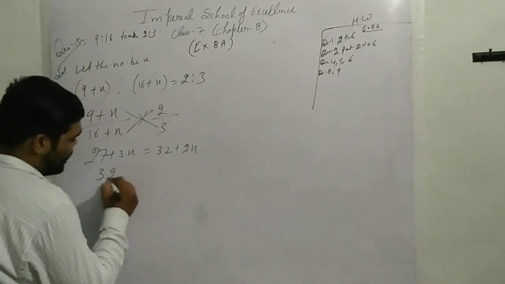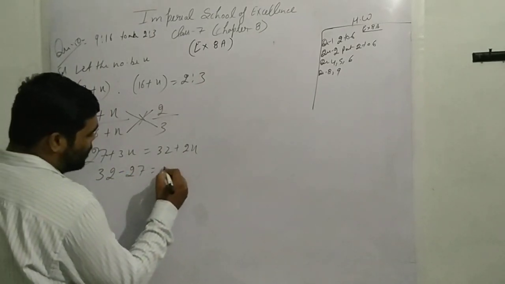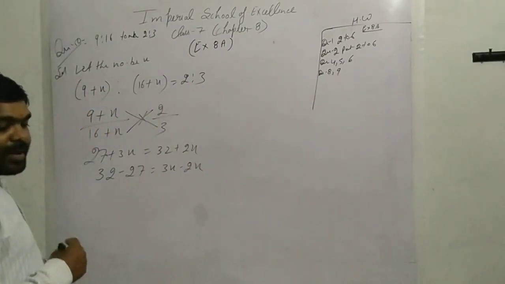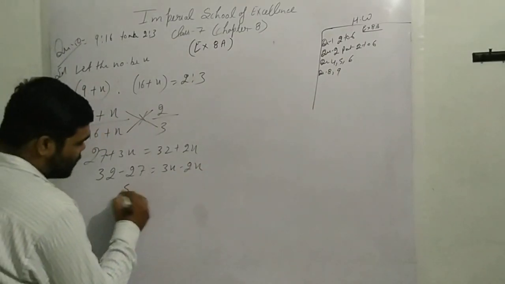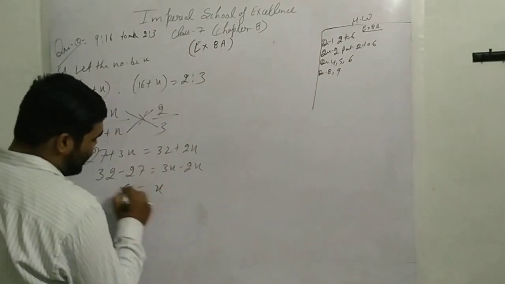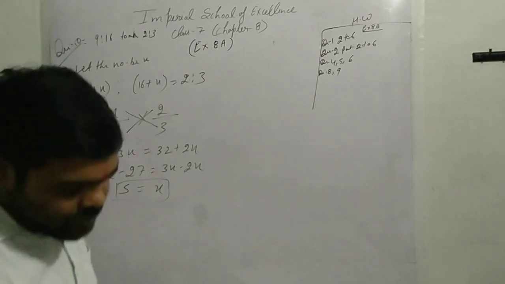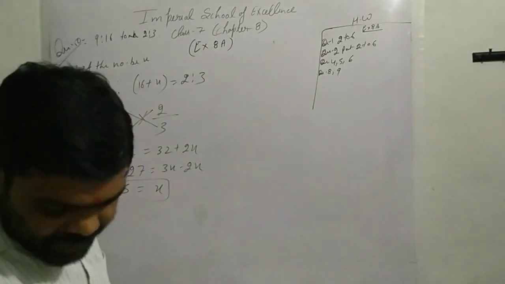Now 32 minus 27 equals 3x minus 2x. Here 32 minus 27 will be your 5 equals 3 minus 2, 1x. This is your answer.